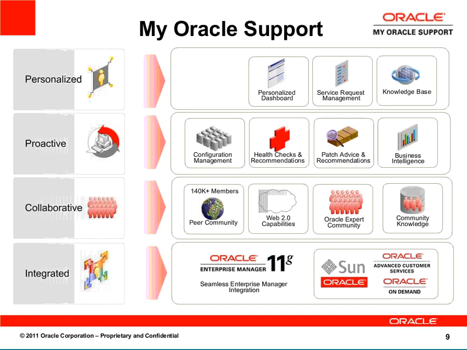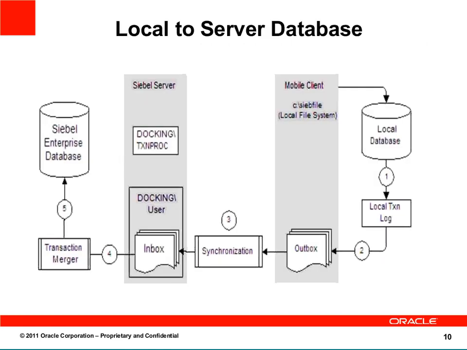Well, the first slide that I am showing is about the remote flow from local to the server database. In this slide, you can see how the updates, the changes from the mobile client, come to the server. On the mobile client side, customers make all the transaction changes like updates, deletes, and inserts. It is recorded in the local database, and after that, the remote engine creates a new DX file in the outbox for the user.